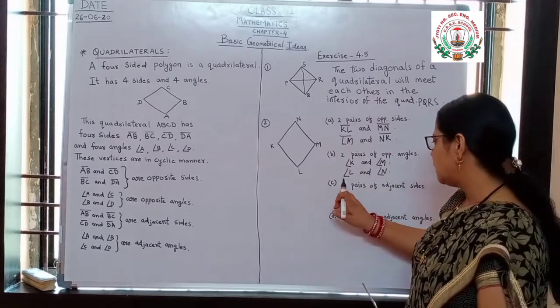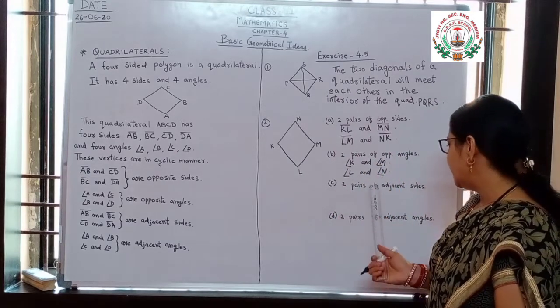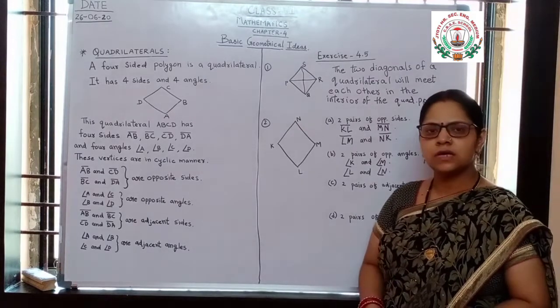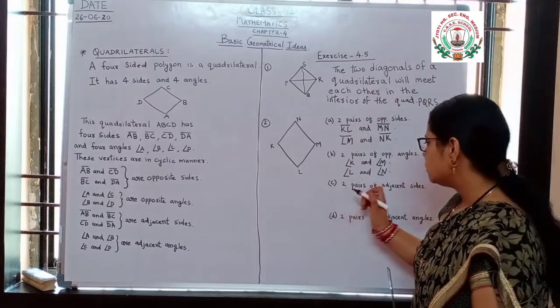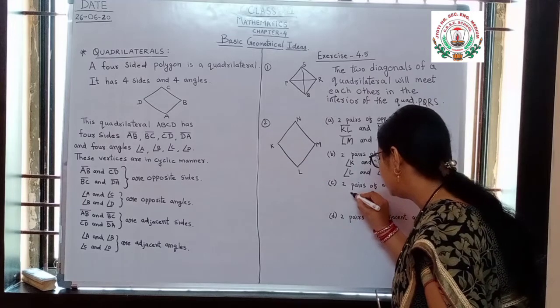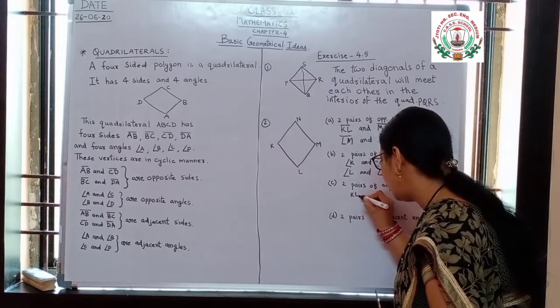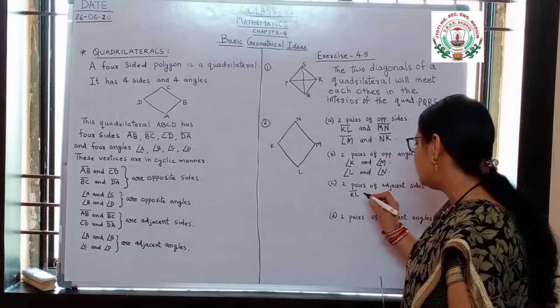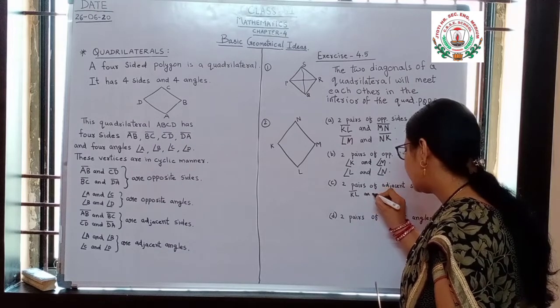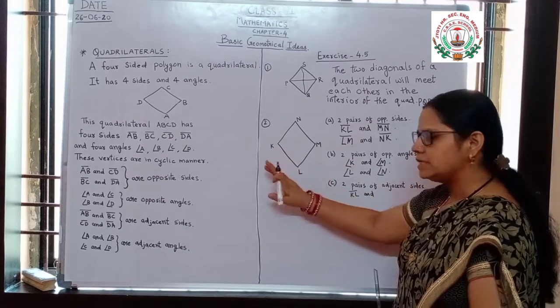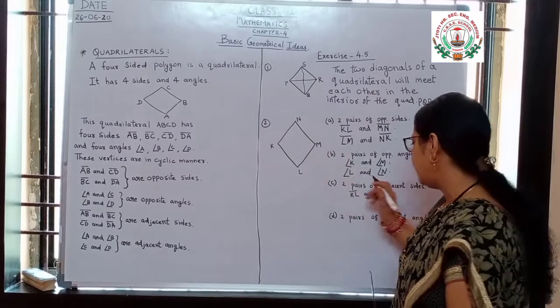Now coming to the third part, two pairs of adjacent sides. Adjacent means coming one after each other. So starting from KL, this is the first side. Adjacent to it, just next to it, is LM.